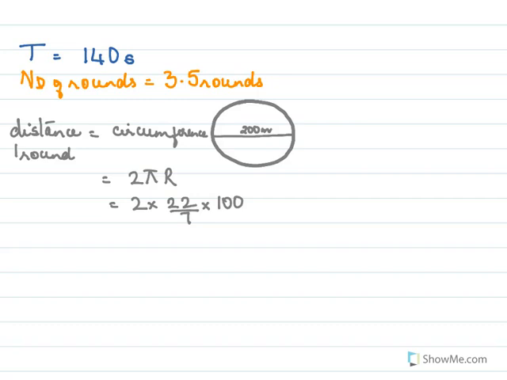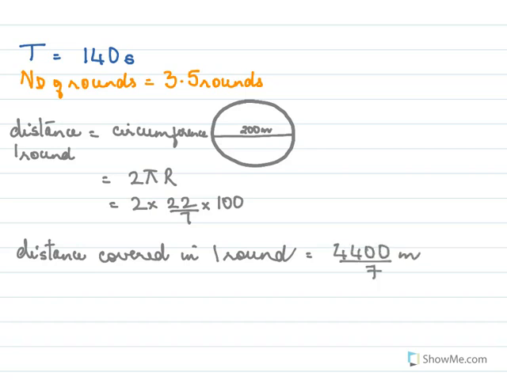So the distance for one round equals 4400 over 7 meters.